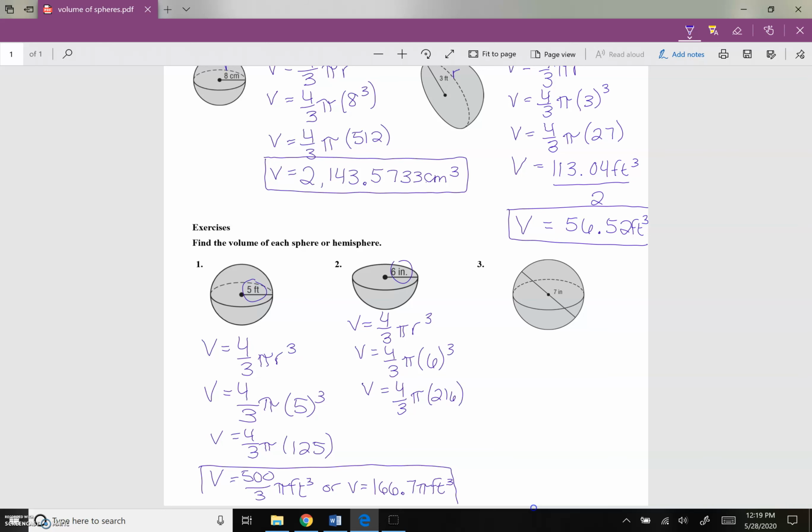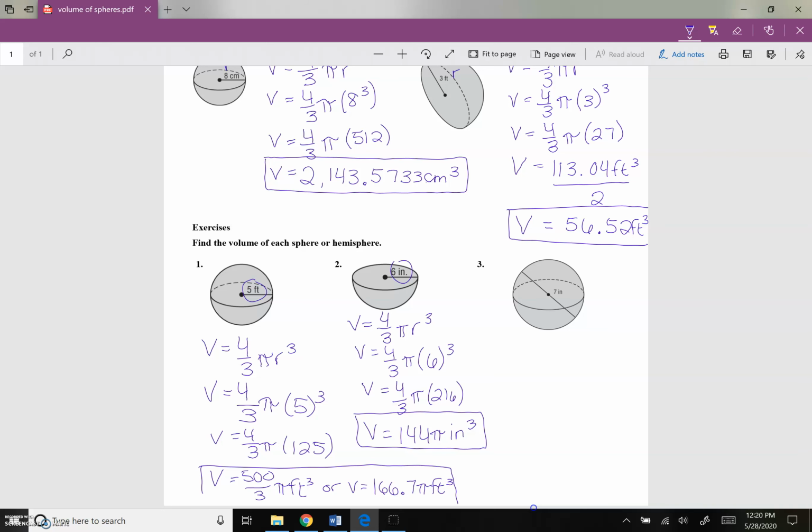And then we're just going to clean this up by multiplying the 4/3 times 216, and I'm going to leave pi in my answer just like I did before. And that's going to give me 144 pi, and cubic inches is our unit.